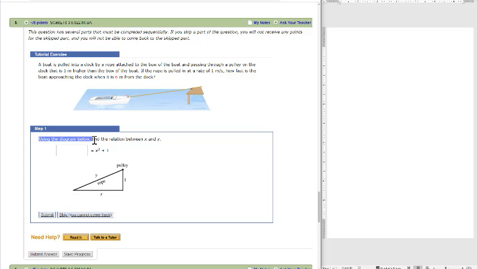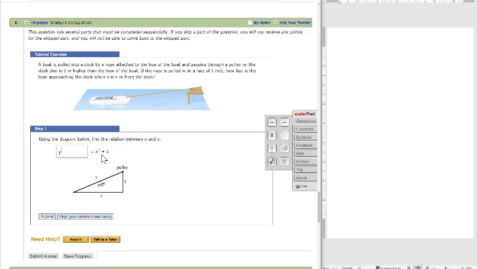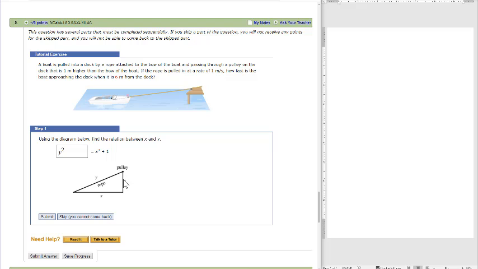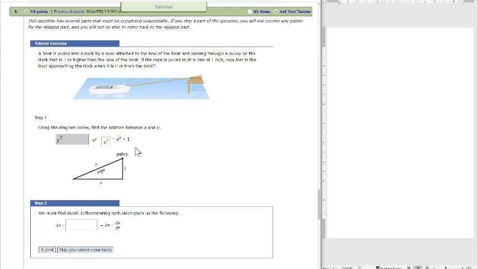So here, using the diagram below, find a relationship between x and y. It looks like we can use the Pythagorean theorem: the hypotenuse squared is going to equal one side squared plus the other side squared. So this is how we can begin this problem. Now we have a relationship between x and y.